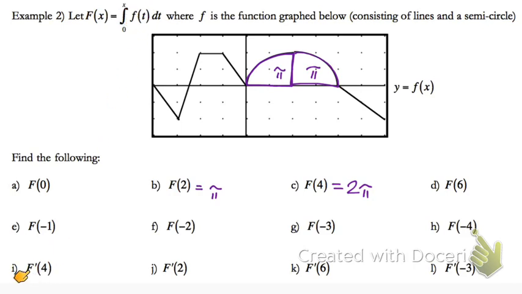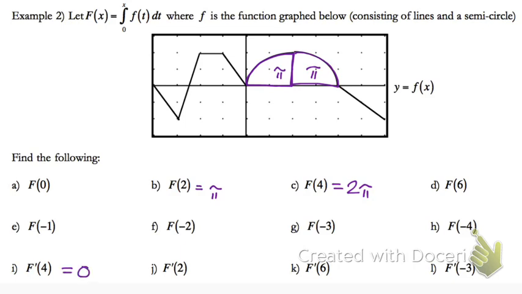So they're essentially saying, what is the derivative equal to at 4? Or in other words, what is this function equal to at 4? So I look here and I go 0, 1, 2, 3, 4. This function at 4 is equal to 0 because it literally goes through the point (4, 0). So F prime of 4 is equal to 0.